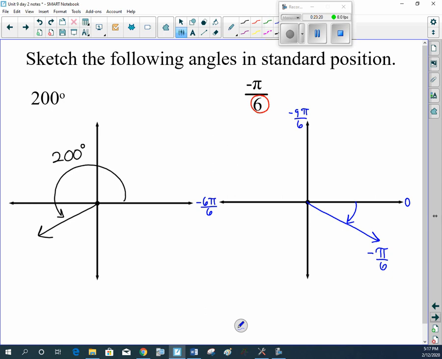And then I would come back to a negative 12 pi over 6. And then I forgot one. This one right here is a negative 3 pi over 6. Well, you can see that a negative 1 pi over 6 ends up right here in this quadrant. So you can go around and relabel those axes to help you figure out where to put your angle.